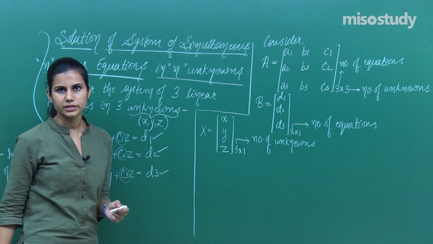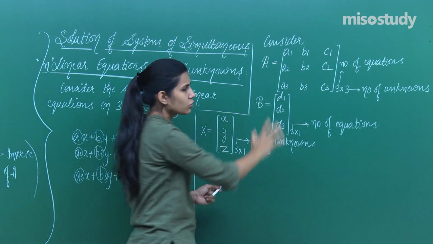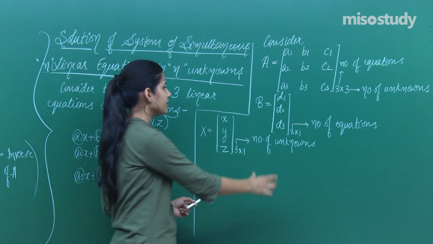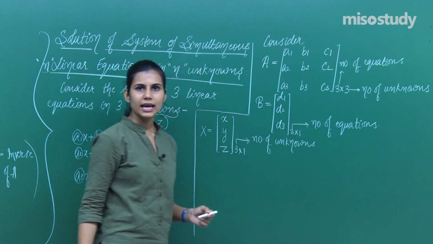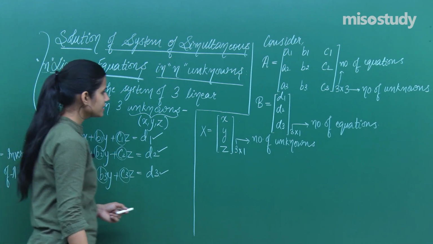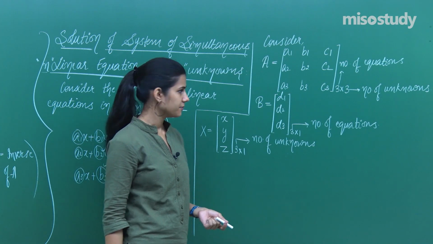Then I pick up these constant terms and create a matrix of order 3 cross 1 and name it matrix B. I am left with the unknowns x, y and z, so I collect these and create a matrix X of order 3 cross 1.